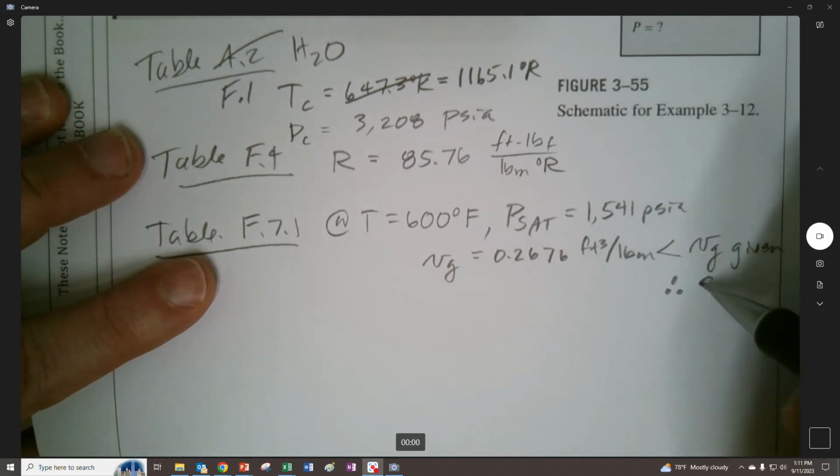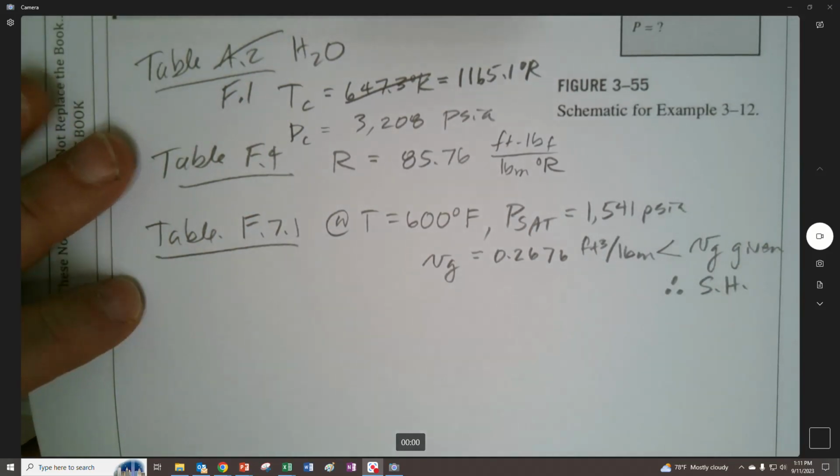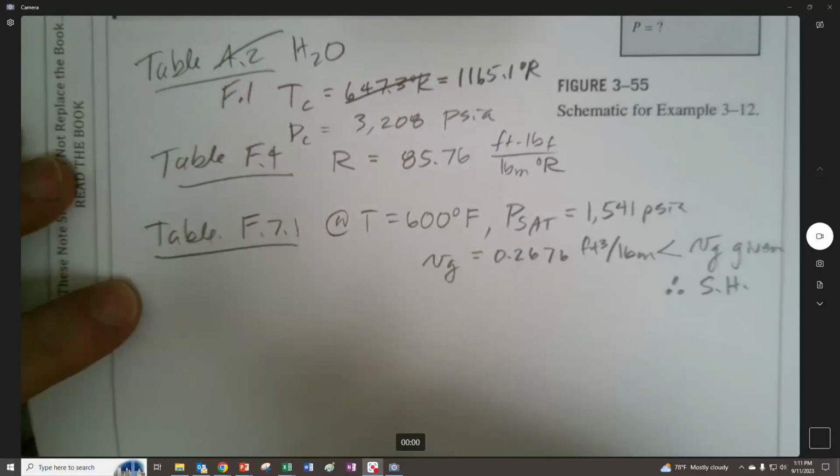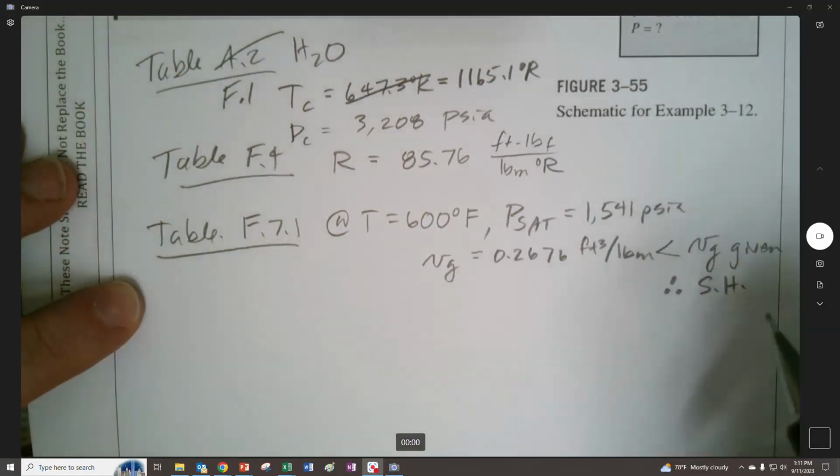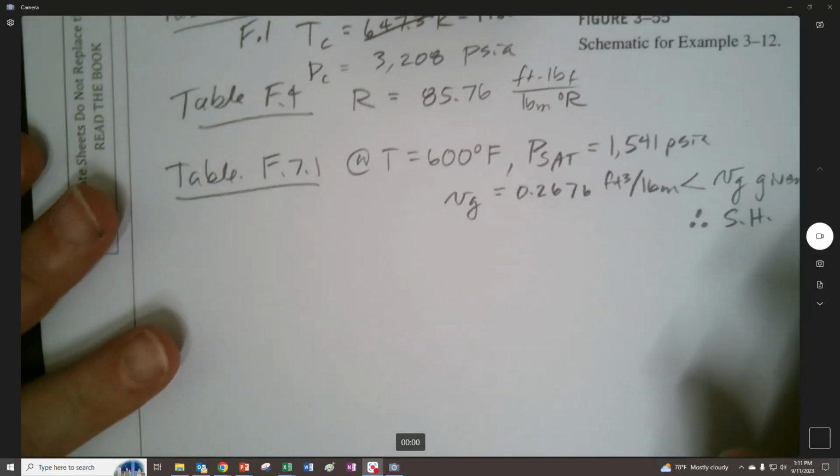Therefore, superheated. Remember, it's the inverse of density, so this thing is way less dense than this. So it must be more steamy.